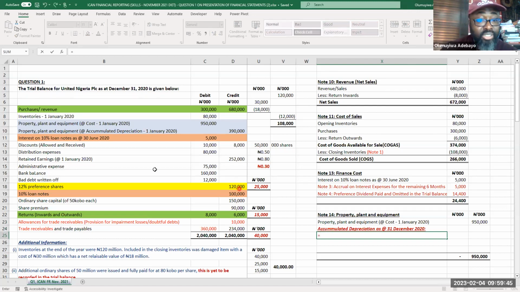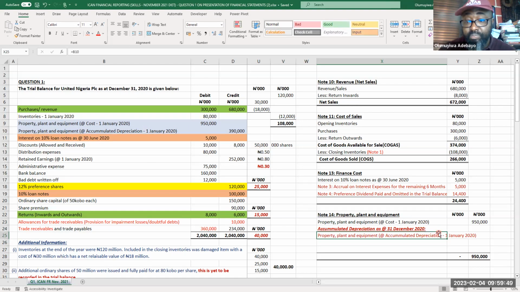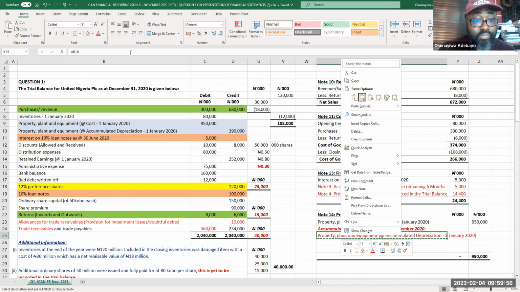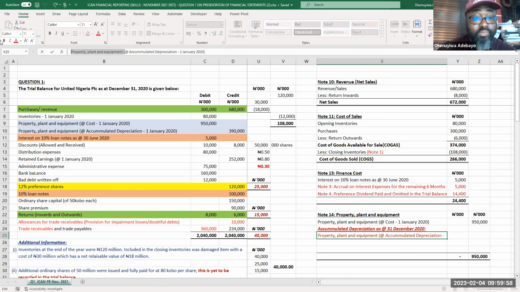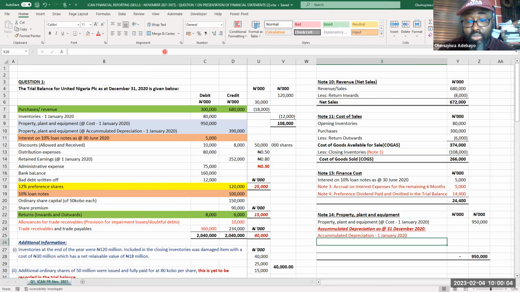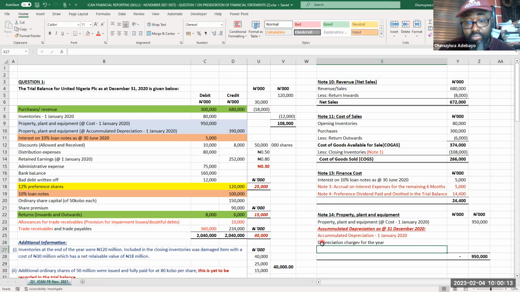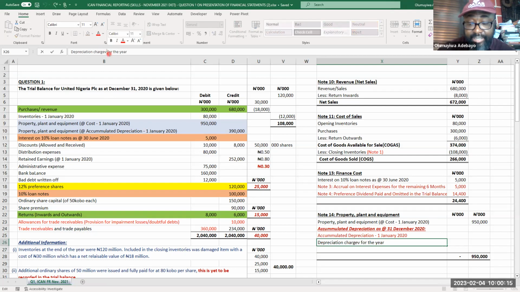I arrive at it based on accumulated depreciation as at beginning of the year, plus depreciation charge for the year. What's depreciation charge for the year?